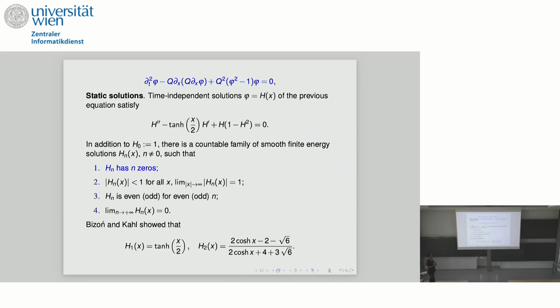Those are the minimal energy states. But you have a countable family of smooth finite energy solutions, Hn, different from 0. The characterization of these solutions is given as follows. I advance to you that H1 is explicit, the hyperbolic tangent. H2 is also explicit. They were found by Bizon and Kahl.